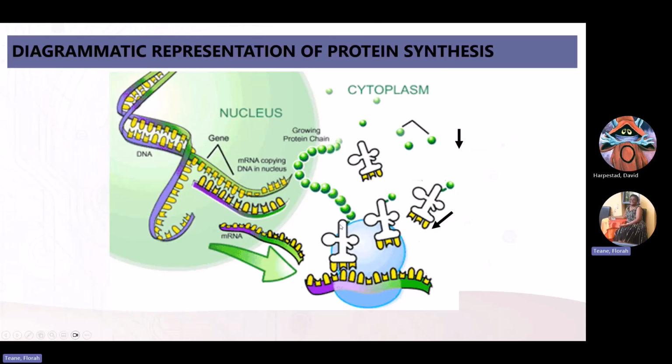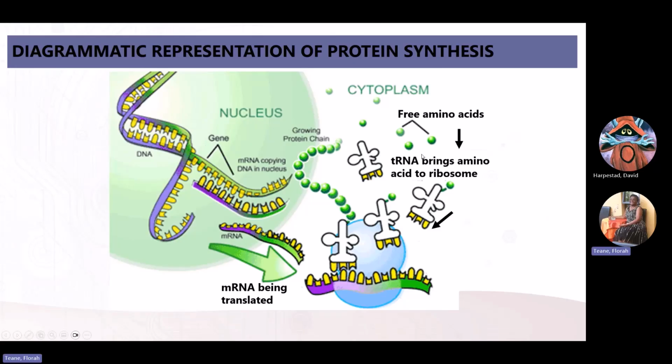So the transfer RNA, remember this shape, collects and transfers amino acids from the cytoplasm to the ribosomes where proteins are being formed. So the message now is being translated. Which message? The message that comes from DNA that was carried by the messenger called messenger RNA.